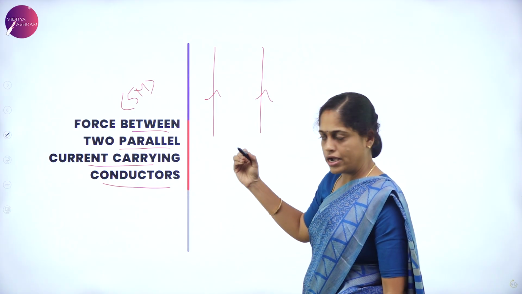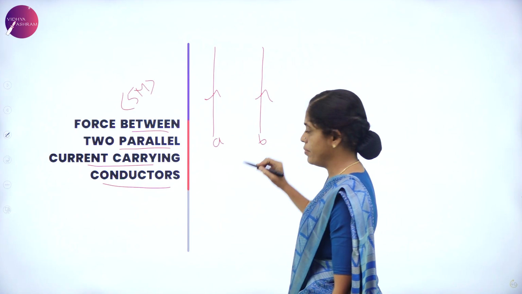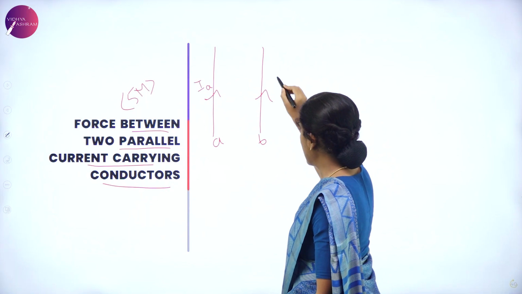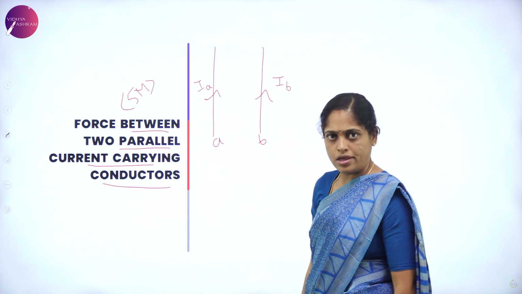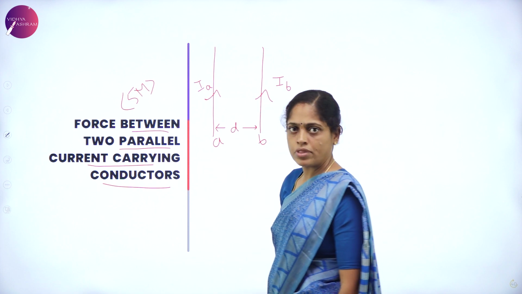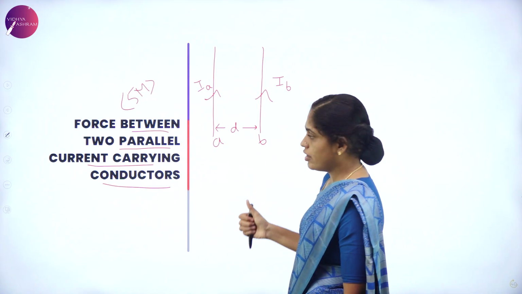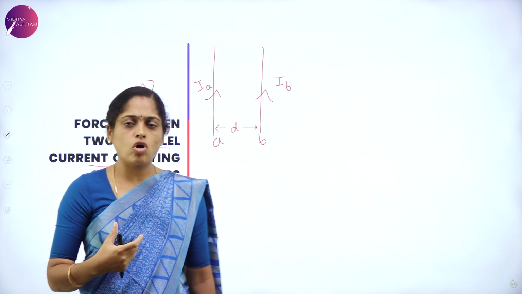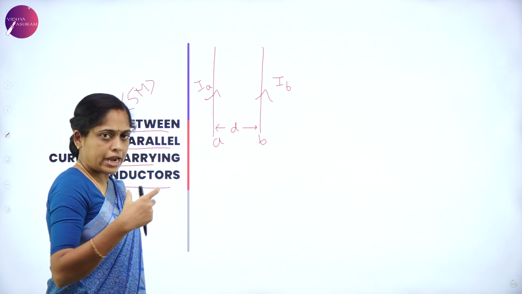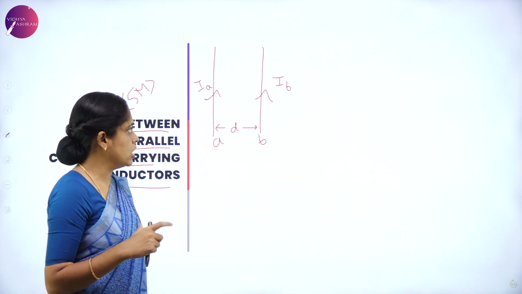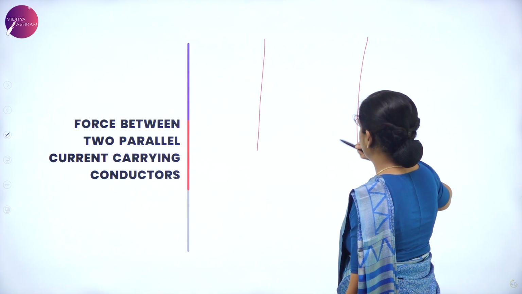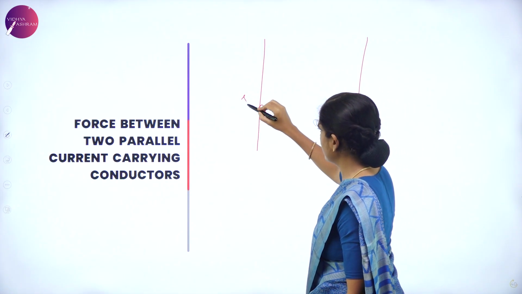This is a very important question for 5 marks. Let us consider the conductors as A and B. In conductor A, let us name the current IA and in conductor B, IB, and they are at some distance d. Now we have to find the magnetic field and the force acting on these parallel conductors. From this, we will derive the expression for the force between the two parallel conductors. Consider two parallel conductors carrying current I.